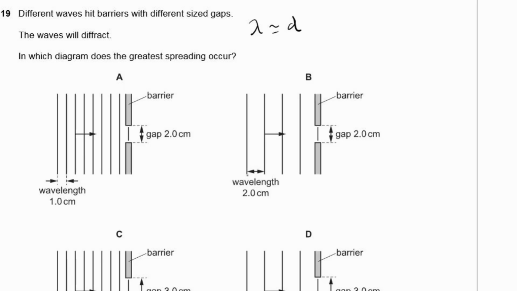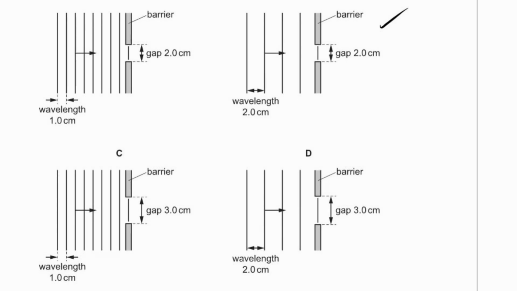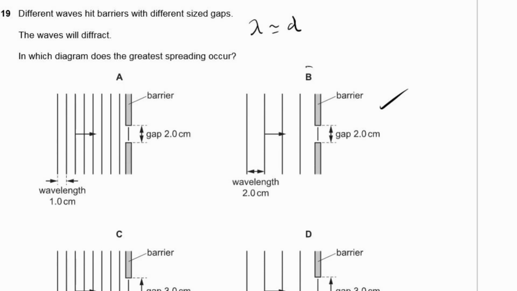Not so great, they're not equal, the gap is twice as big. If we look at B, the wavelength is 2 and the gap is 2 centimeters. Oh, that's good. So it will definitely diffract there, quite a lot of spreading. C, wavelength 1, gap is 3, so nope. And D, wavelength is 2, gap is 3. No, the best one is the one where they're equal to each other.